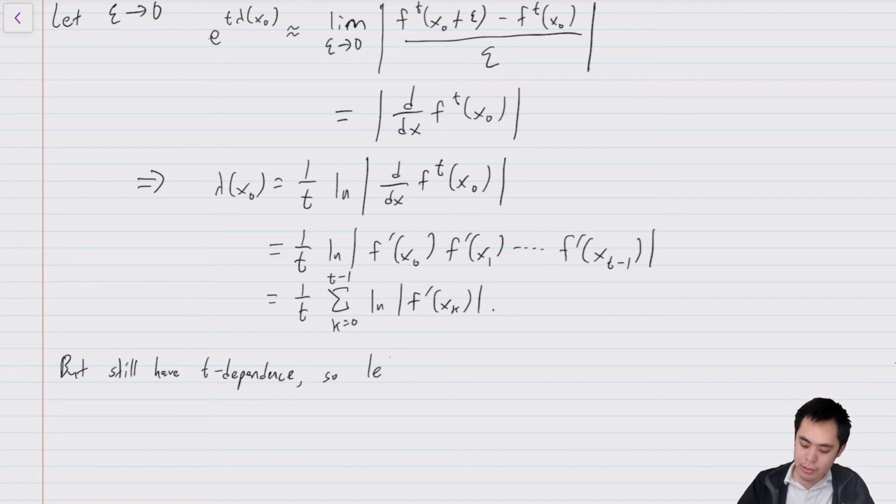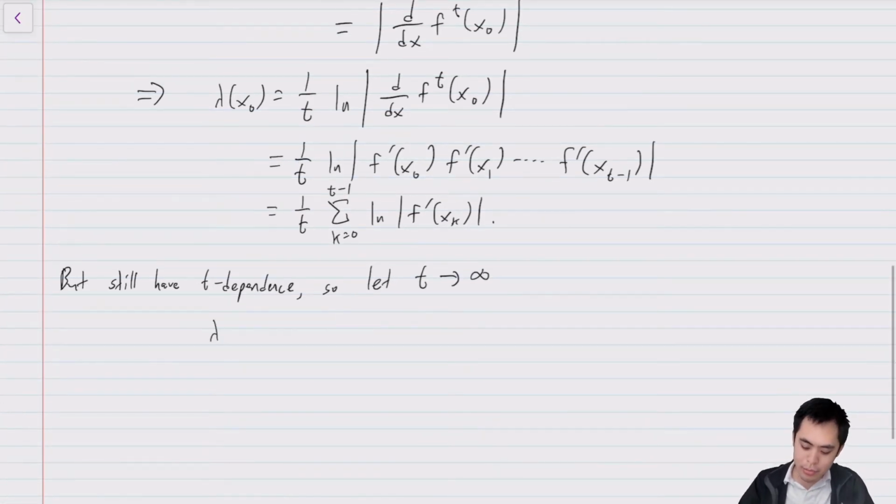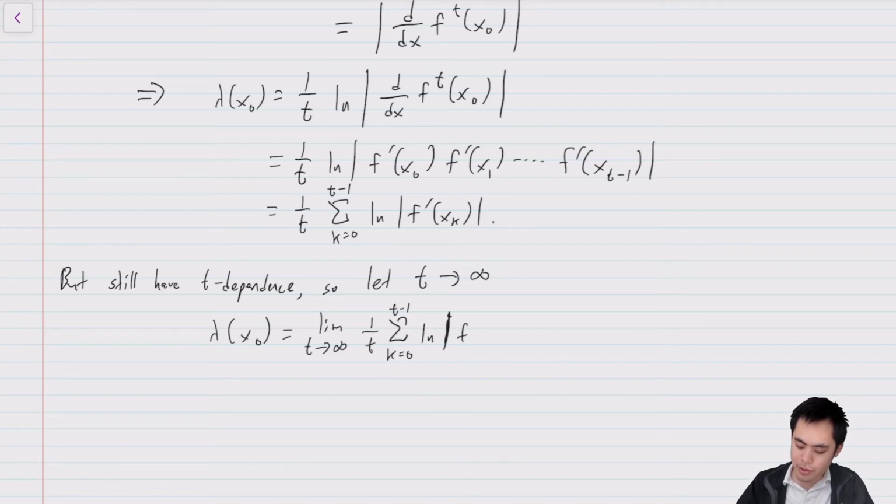So we're going to let t go to infinity, since infinity is a very big number, so we're just going to take a limit as well. So then we can say lambda of x naught is equal to the limit as t goes to infinity of 1 over t times this sum from k equals 0 to t minus 1 of natural log of the absolute value of f prime of x k.